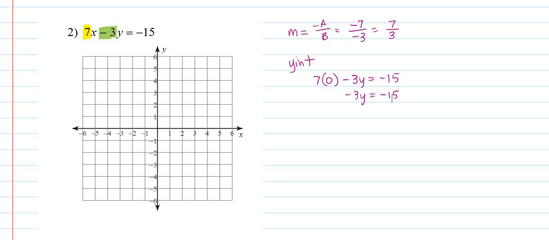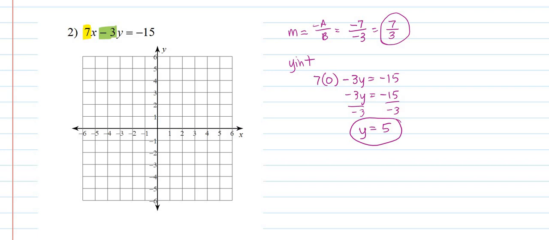To solve this equation, I divide by negative 3 on both sides. y ends up being positive 5. So I have a slope of 7 over 3 and a y-intercept of 5.